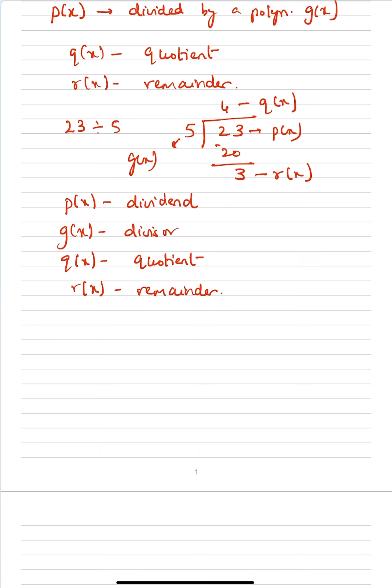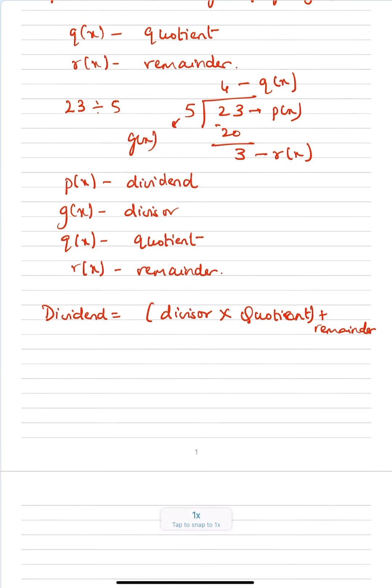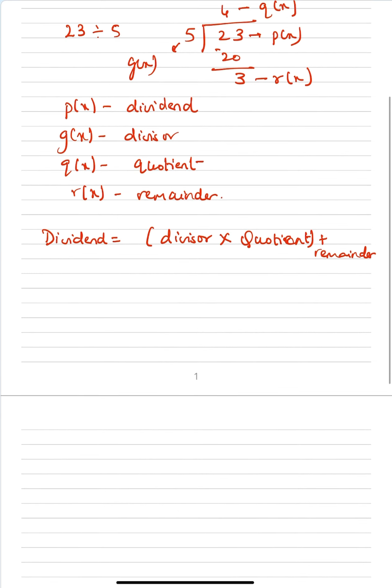Now, what is the dividend? Dividend is nothing but the divisor into the quotient plus the remainder. When we do this, we should get the dividend. Let us take this example only.